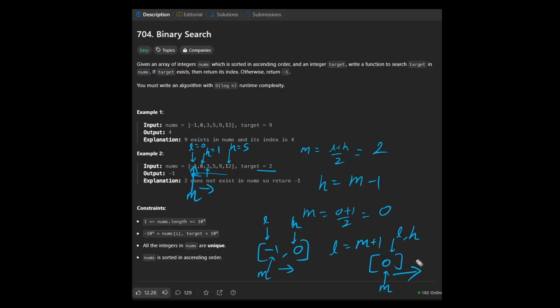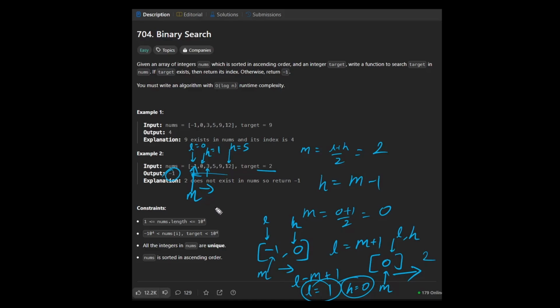On the right side, right? The 2 should be somewhere here. So what would move? The left side. L equals middle plus 1, which would be L is 1 and H is 0. They switched. The high side is before the low side, and that's not right. So we know that we do not have a solution and we return -1.